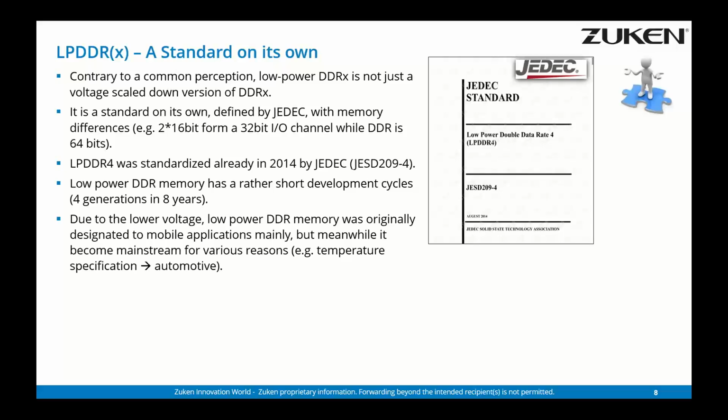We have the voltage lowered down. Therefore, we have the situation that was originally intended for mobile application because of this lower voltage demand. But meanwhile, as low power DDR4 is also specified over a wide temperature range, other industries have detected these memories and use them in a favored manner, like automotive.